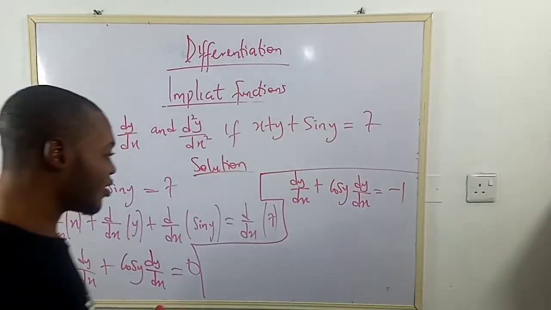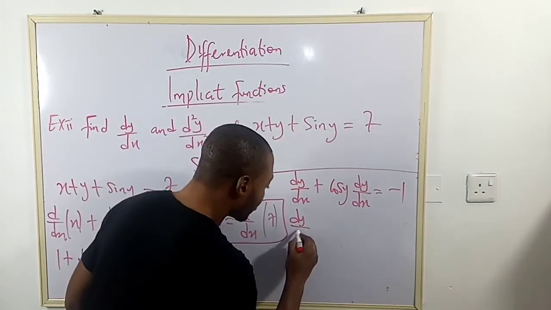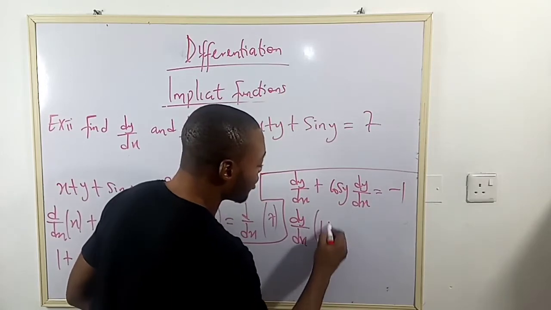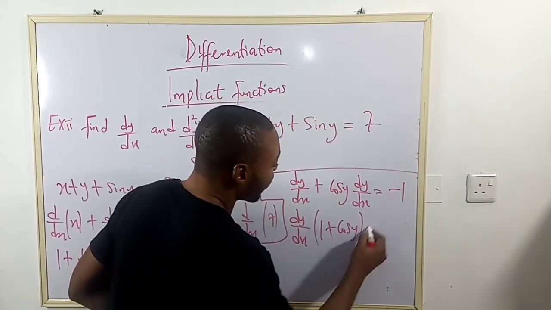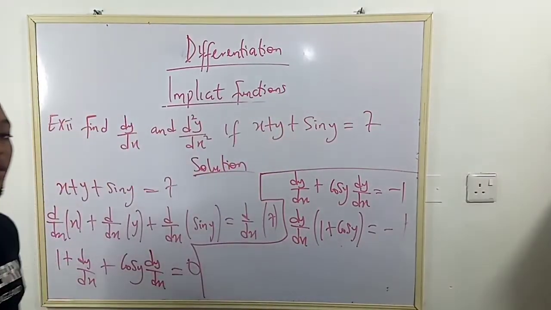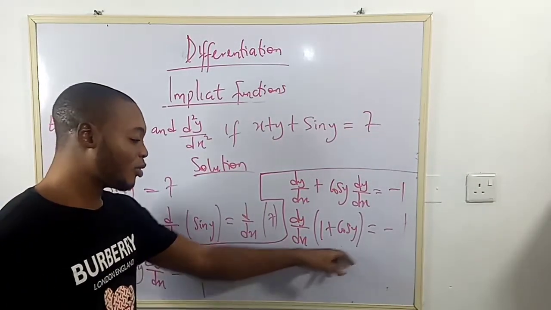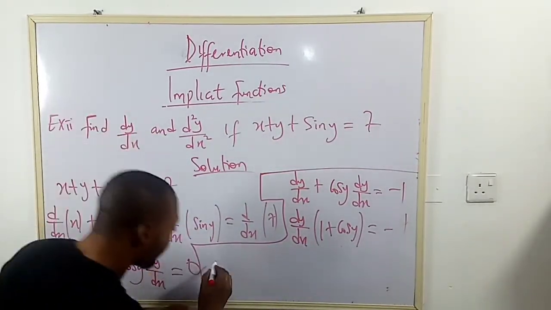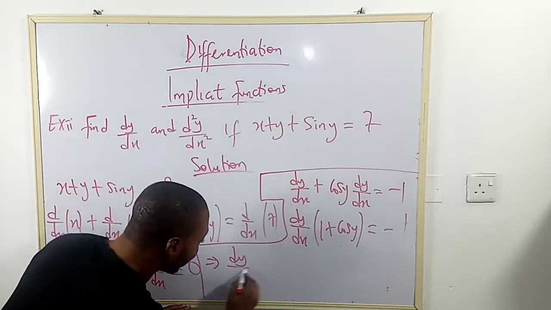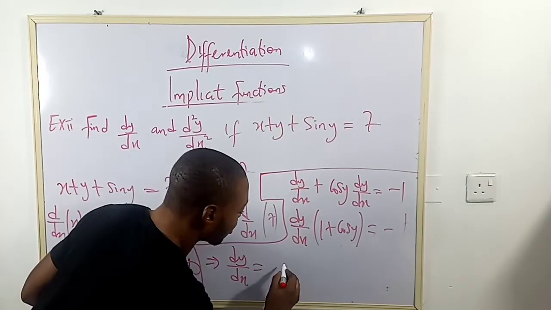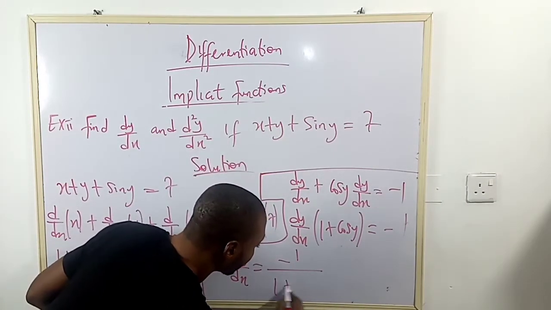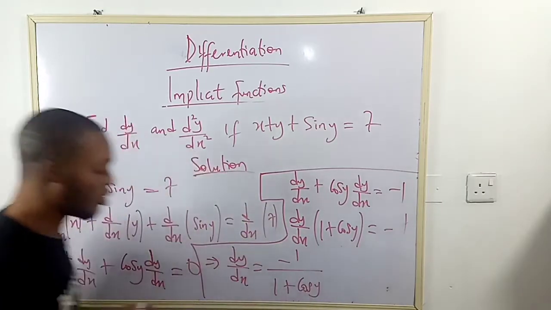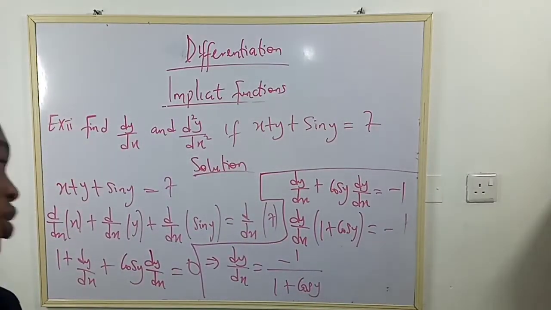So you factorize dy/dx. dy/dx times (1 plus cos y) equals minus 1. Divide both sides by 1 plus cos y, implies dy/dx equals minus 1 all over 1 plus cos y.